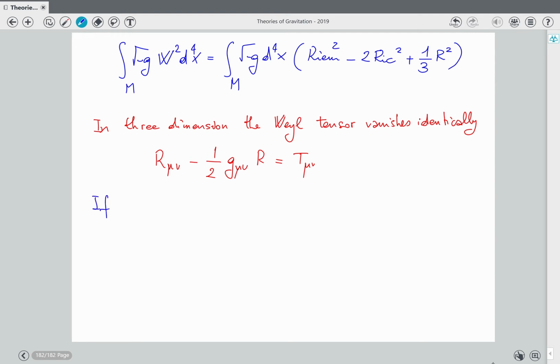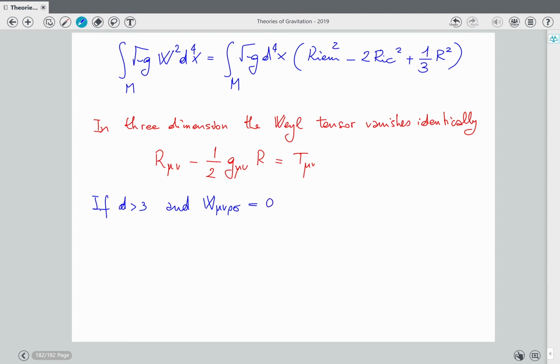If d is greater than 3, in every dimension greater than 3, the Weyl tensor vanishes.